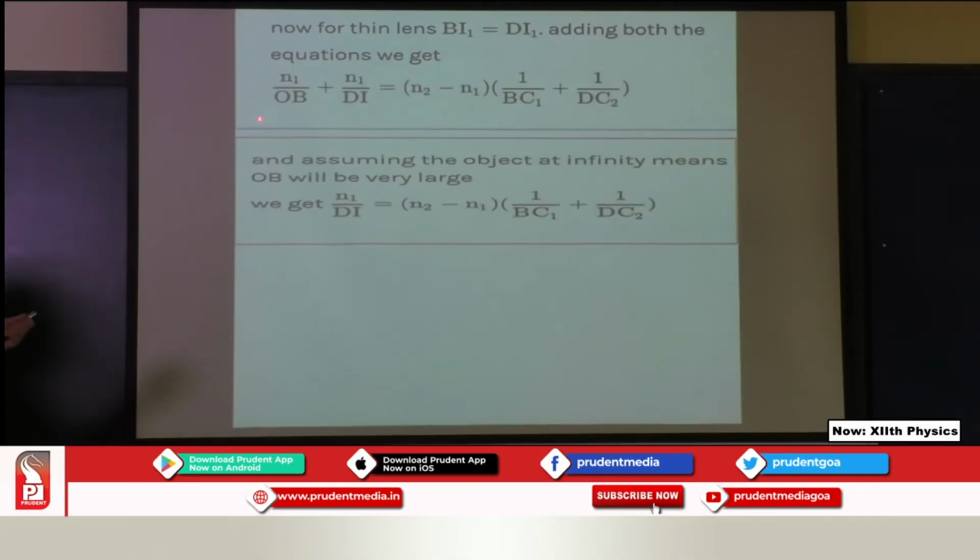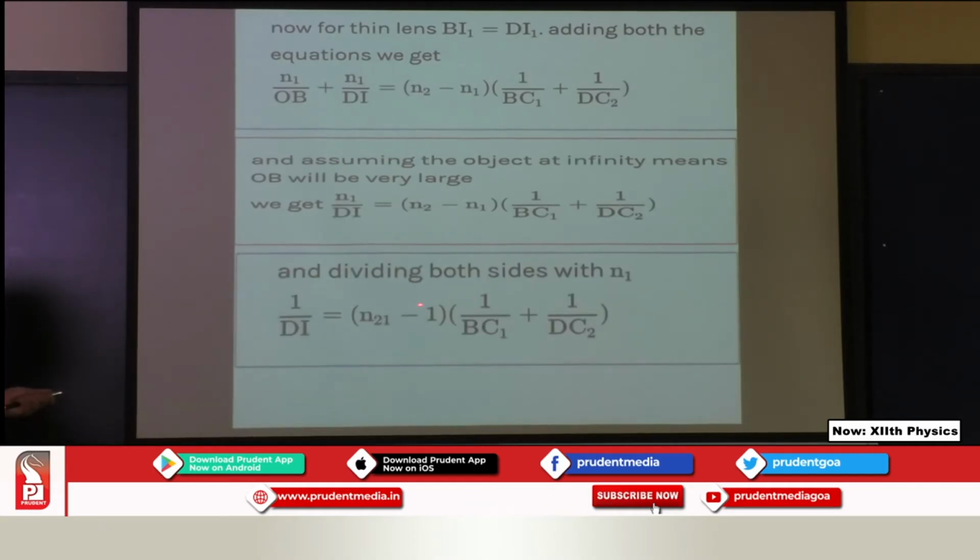So, if OB is assumed to be at infinity, we know 1 upon infinity, this term will go as 0, what remains is N1 upon DI and the remaining equation. Now, let us divide both sides by N1, this will get cancelled out and what remains is this, because N2 upon N1 is written as N21, N1 upon N1 will get cancelled out and we get 1.